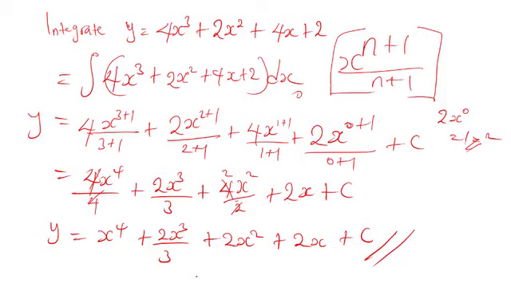Now there's one thing I want us to do. Let's bring out this question and differentiate it and see if we can get back our question. Let's see if we can actually get back our question. That is what I want us to do at this point, to see if we are correct with what we are doing.